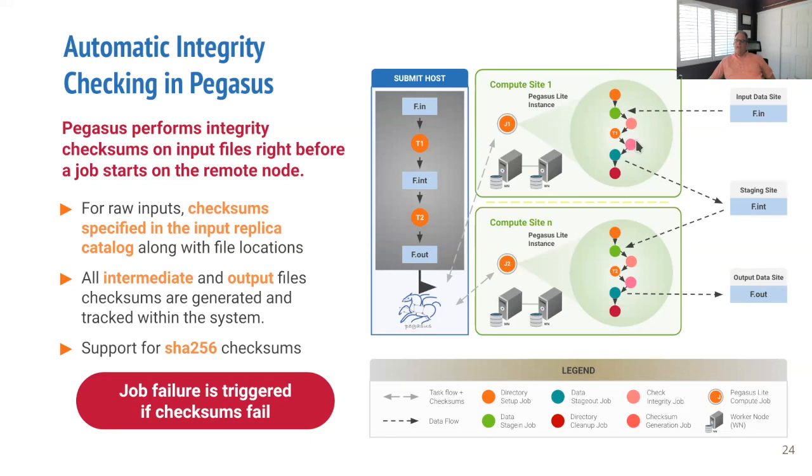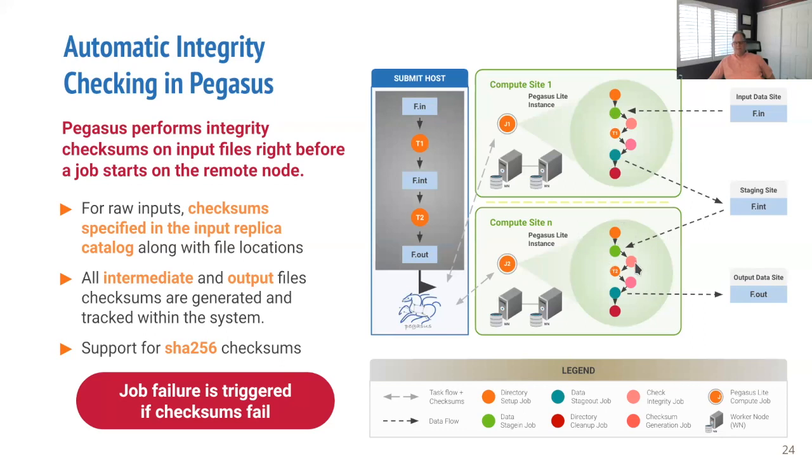And when the task is complete, we generate new checksums for the data that was generated, and then that's carried through, right? So let's say that this data gets staged out, staged in again, right? So this step here validates the checksum from this step up here, right? So it carries through the whole workflow.